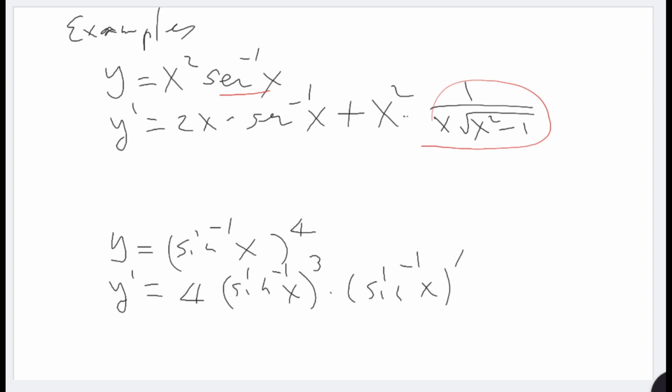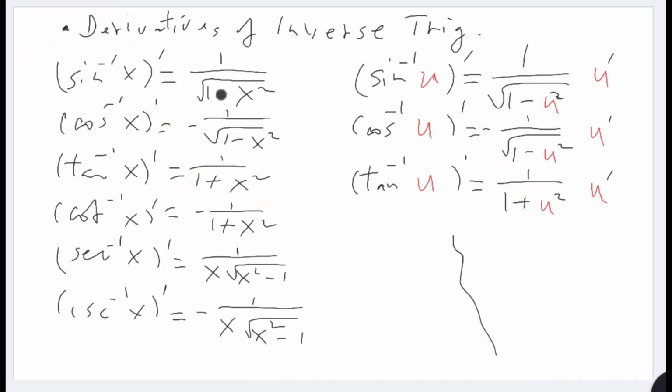This is just to set up chain rule. And to finish up, the derivative of inverse sine is 1 over square root of 1 minus x squared.